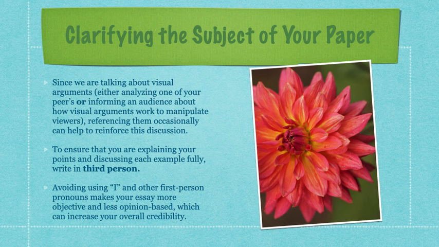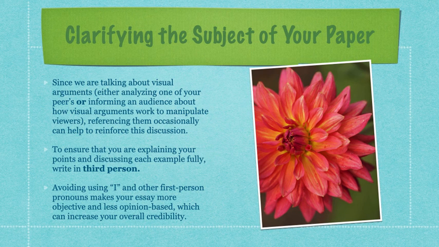Other strategies that we have to really clarify the subject of your paper revolve around reiterating that topic. So since we are talking about visual arguments, so either one of your peers, which you're analyzing, or informing an audience about how visual arguments work to manipulate viewers, we want to emphasize that. And the easiest way that we can do it and make it very clear that that's what we're focusing on is by referencing visual arguments occasionally to reinforce this discussion.